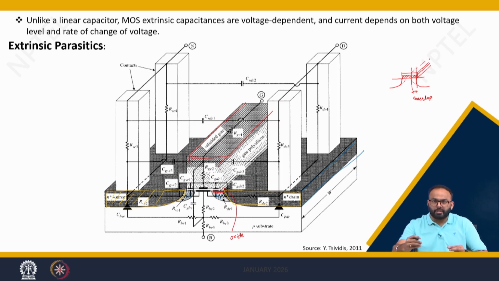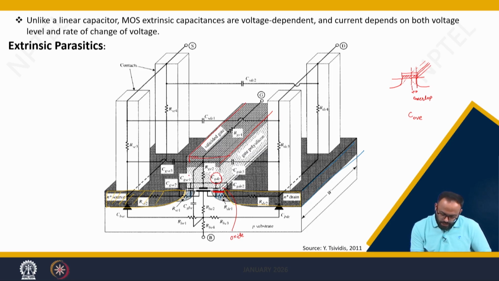Because along the width you have overlap, correct? So this is C overlap. Here in this structure we can say CGD1 and CGS1 are overlap capacitances. You understand? Because here you have a metal plate, here you have a semiconductor plate which is separated by an oxide. That is what this is, overlap capacitance.